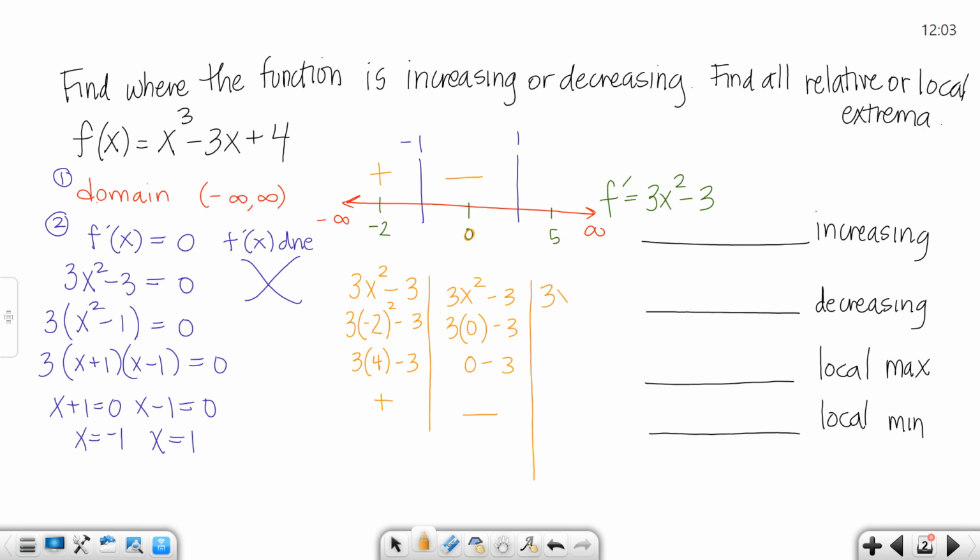And then I'm going to plug in 5. That gives me 75 minus 3, which is a positive number. So that's step 3, choose a test point.